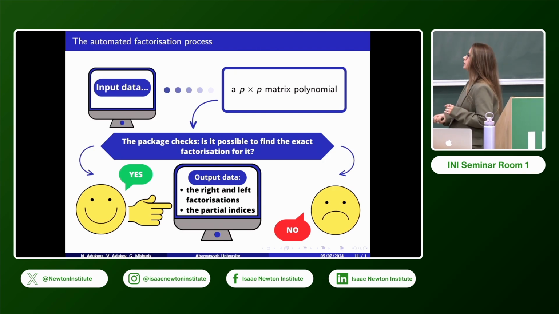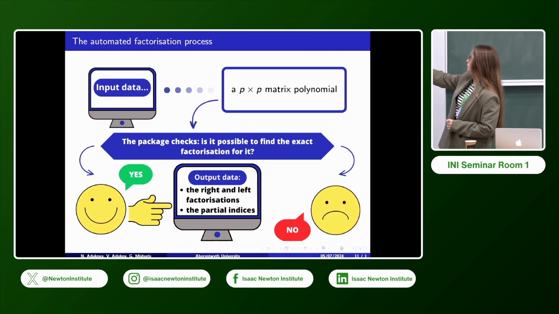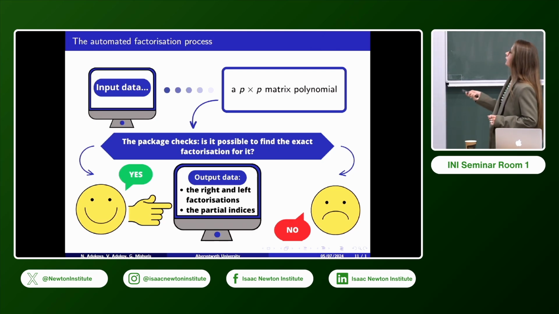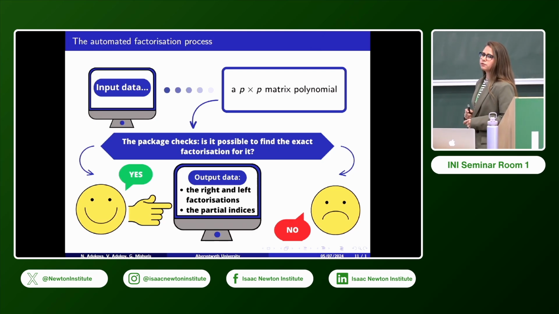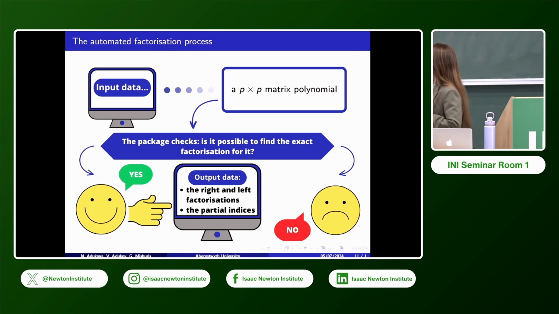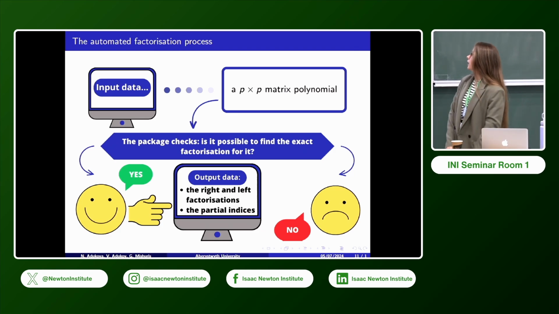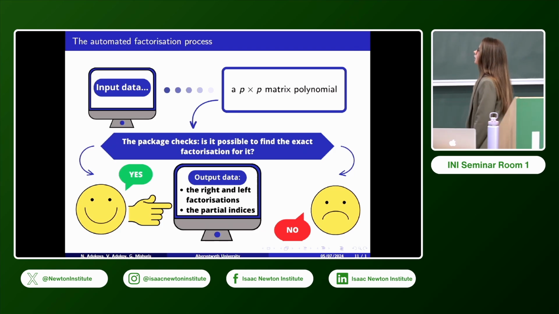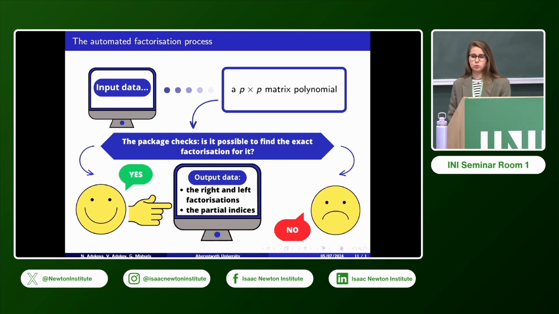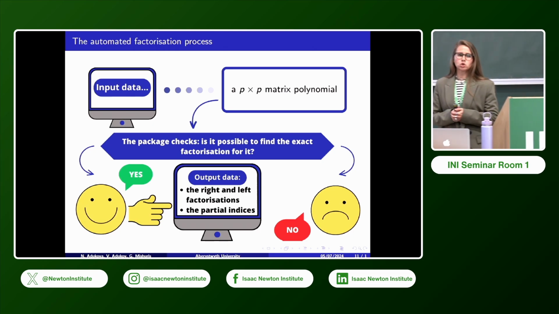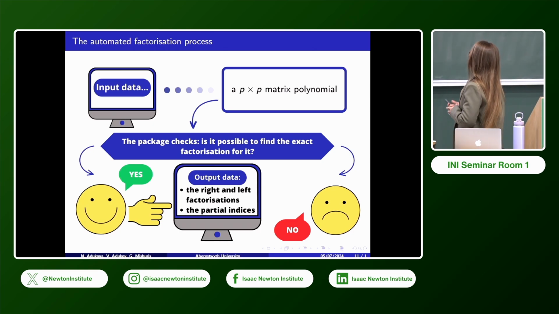If the answer is yes, you will get the full answer, the right and left factorizations and the partial indices. If the answer is no, you will get the notification that the exact factorization is not possible. I hope to show you soon how it works on the computer, on some examples.